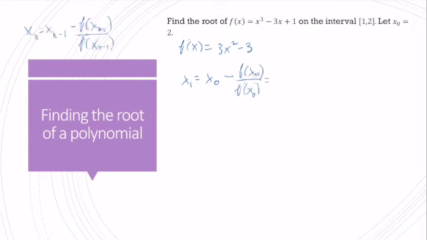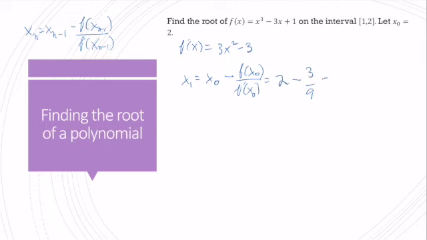X naught is 2. If I plug 2 into my original formula, f of x, I will get 3. If I plug 2 into my derivative, I get 9. And that gives me 1.6 repeating. And I'm writing this as a decimal for a reason, as you will see as we move on. So if I have x sub 2, that's x sub 1 minus f of x sub 1 over f prime of x sub 1.